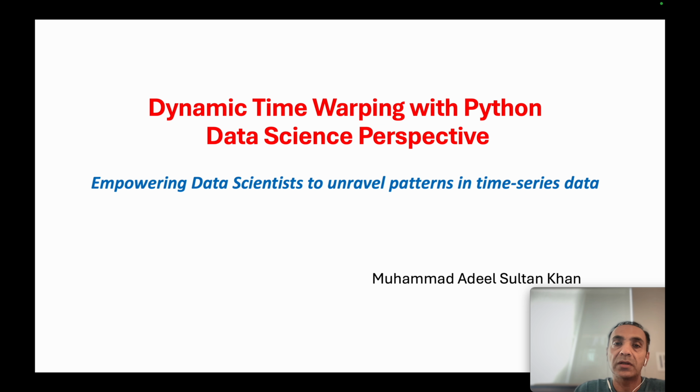So in this lecture, I will describe what is dynamic time warping, what is the algorithm behind this method, and also what is the mathematical formulation that is involved in this algorithm, and the overall optimization problem as well. I will discuss those things separately. And then in the end, I will describe the advantages and the limitations and the key features of this method.